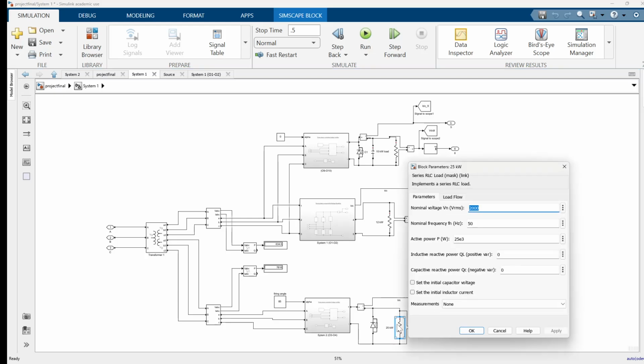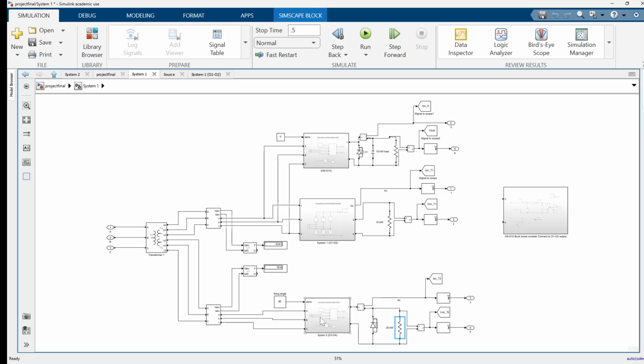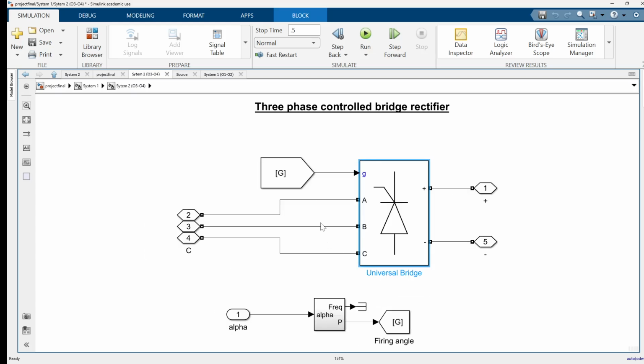You can change the load, and however this rectifier should generate an output of 200 to 2000. So I'm using a universal bridge rectifier, which will represent a three-phase fully controlled SCR bridge rectifier.